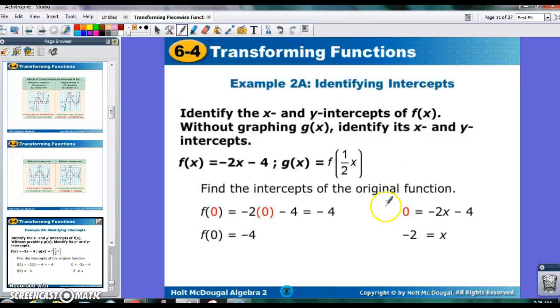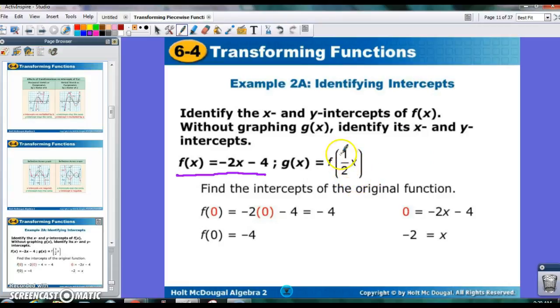We talked about this particular problem right at the end of class yesterday. We're given the function f of x equals negative 2x minus 4, and the function g of x took f of x and did a horizontal stretch of 2. You might say, wait a minute, there's a 1/2 there.